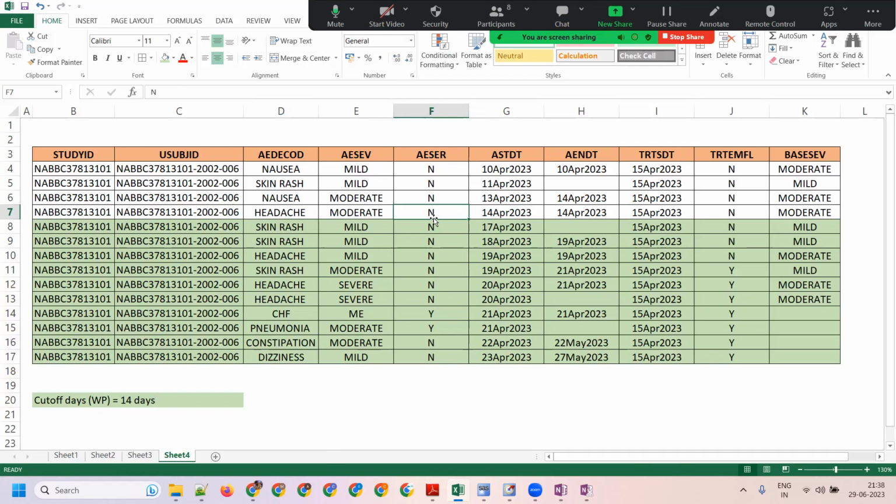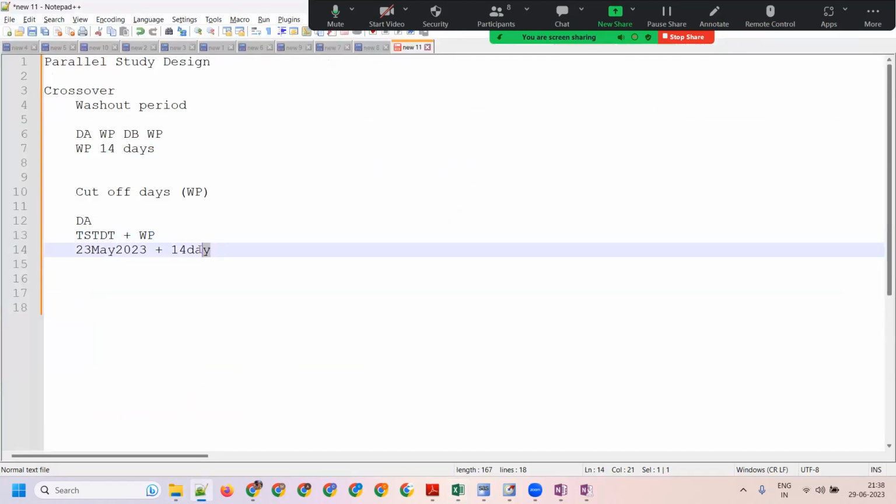But the moment crossover studies come to the picture, I also need to take these cutoff days. Your statistician will say as part of your SAP, I need to consider 14 days from the treatment start date only. If any adverse event happened between the treatment start date plus 14 days, that will belong to that particular drug, else the next drug.